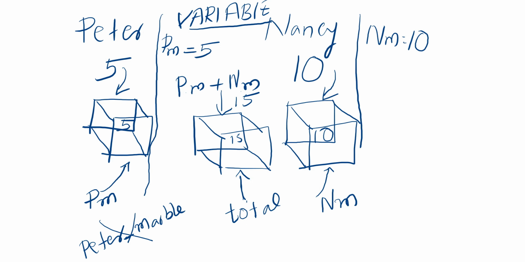So these are Python variables. So how many variables do we have now here? 3. What are they? Yeah, PM, NM, and total, right?